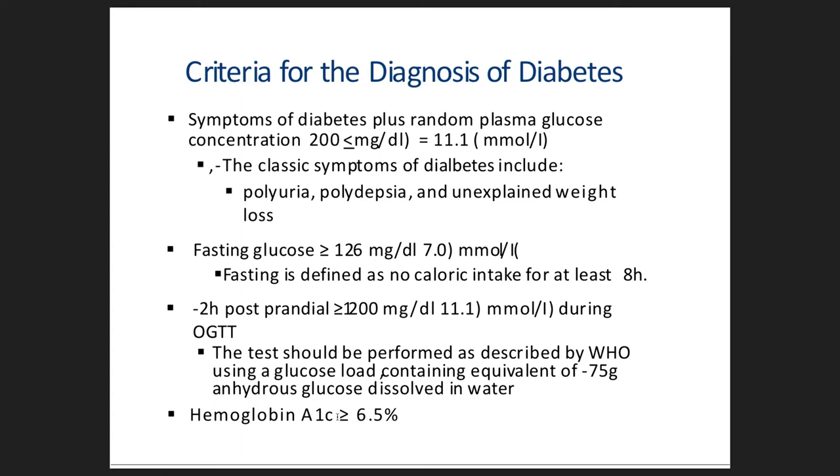Lastly, hemoglobin A1C, a normal person should not exceed 5.7%. Those with diabetes, their hemoglobin A1C is equal or above 6.5, and those between 5.7 and 6.5 are called pre-diabetes.